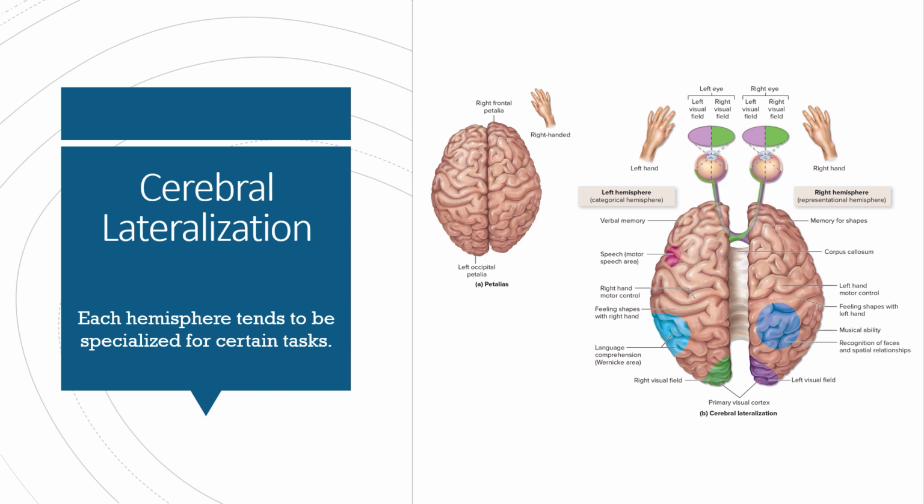It helps us with things like speaking, reading, and solving math problems. The right hemisphere is usually linked to creativity, imagination, and understanding emotions. It helps us recognize faces, appreciate art, and interpret music. While both hemispheres work together for most tasks, they also have their own unique strengths.